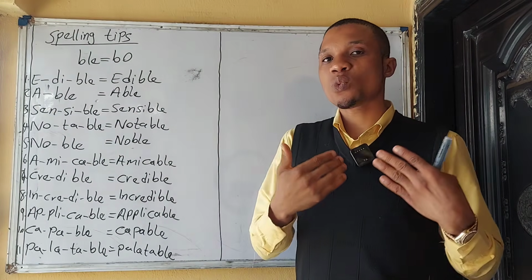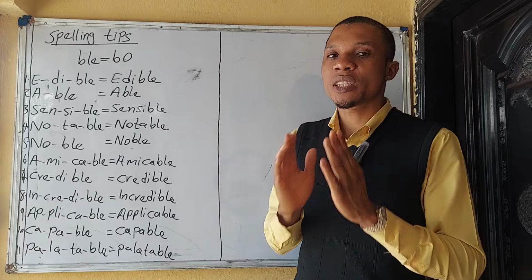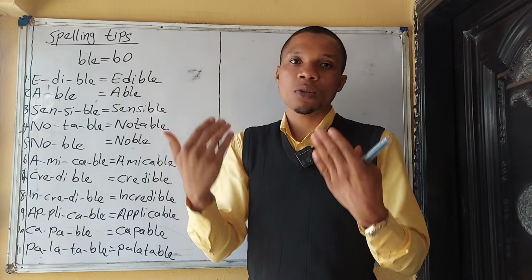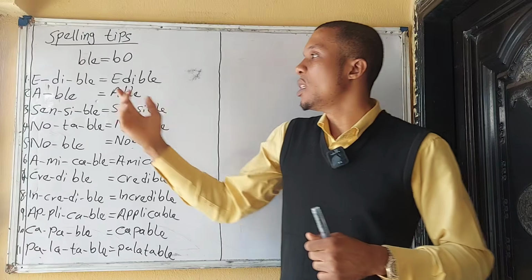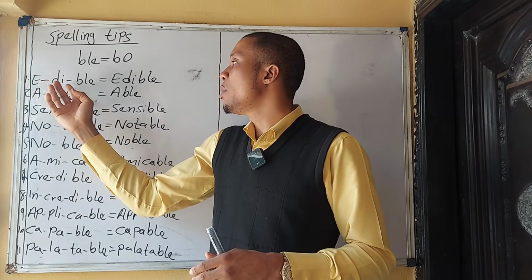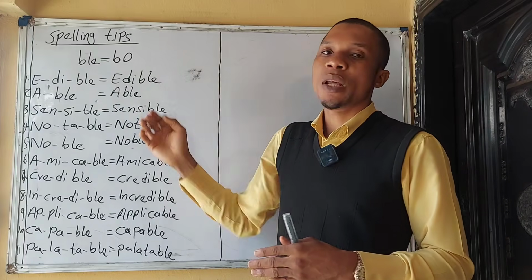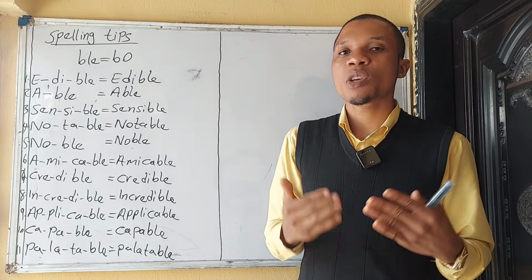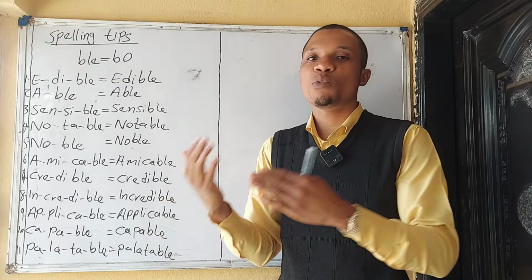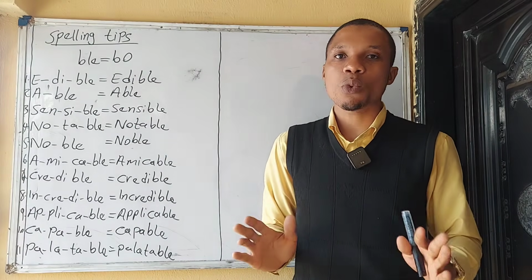Some persons, when seeing this word for the first time, may be confused, in the sense that BLE under consonant blending is ble. Using that procedure, you can actually say edible becomes ble, but it will be wrong, because when BLE starts a word, it is different from when it ends a word. The sounds are quite different.